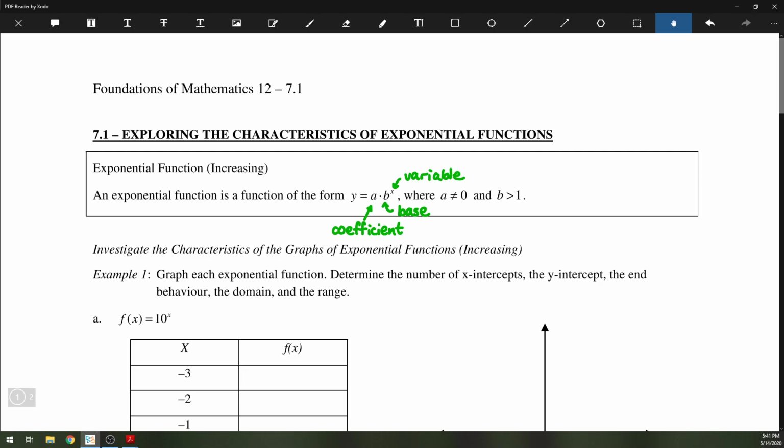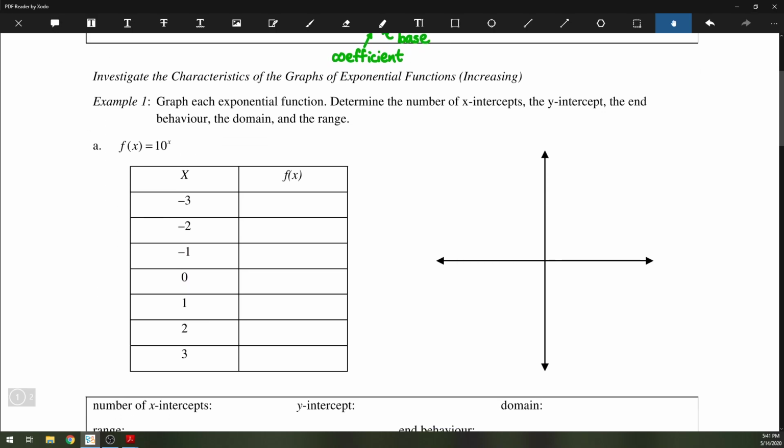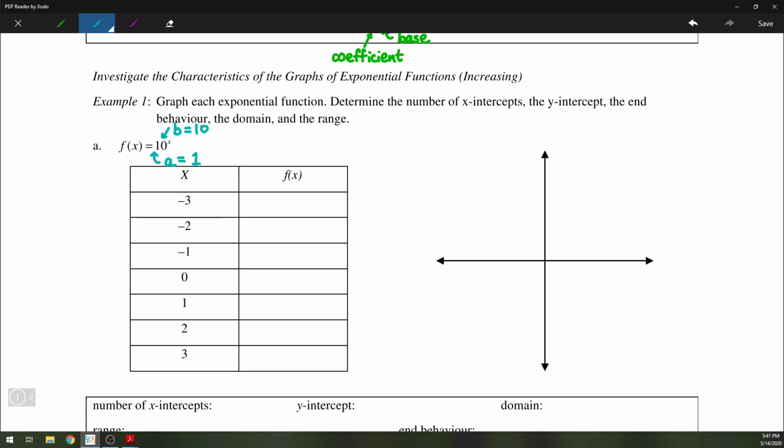Okay. So if we go ahead and compile this table of values with f of x equals 10 to the x, so in this case, the coefficient is just going to be 1 here. And of course, the base is 10. So we can substitute in the different values of x, starting with -3.